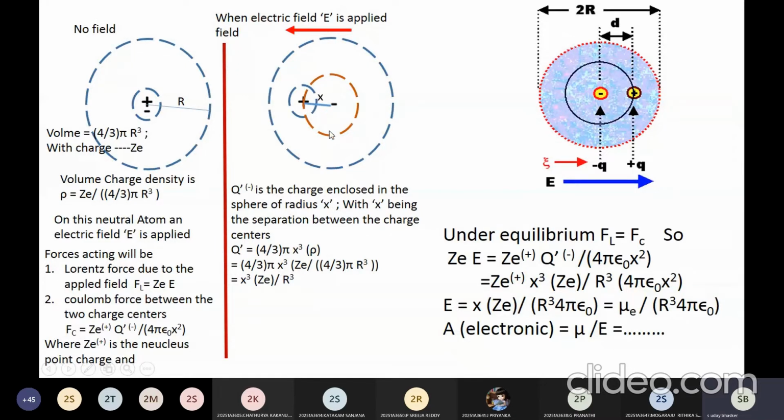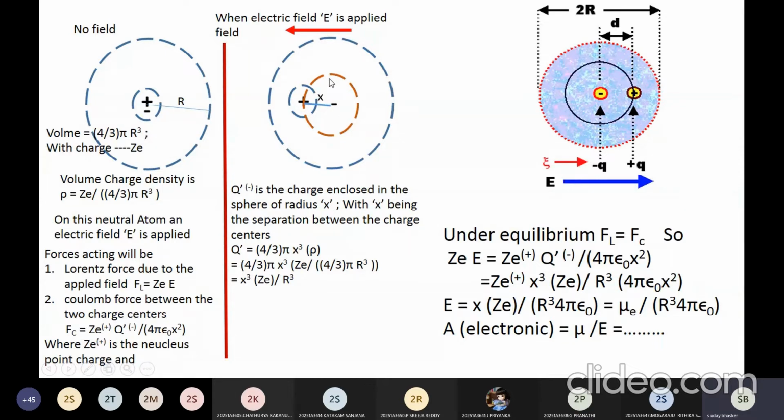The net force of attraction depends upon the charge you have here, that is Ze plus, because all the positive charge is at the center of the nucleus, and the charge that is enclosed in this particular sphere. So I need to know what is the charge that is enclosed in this sphere.